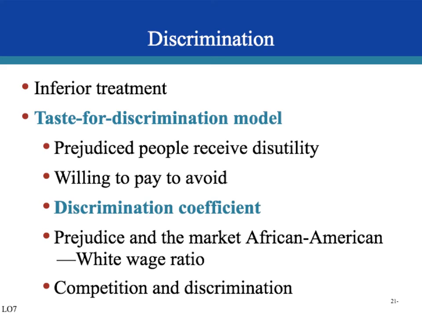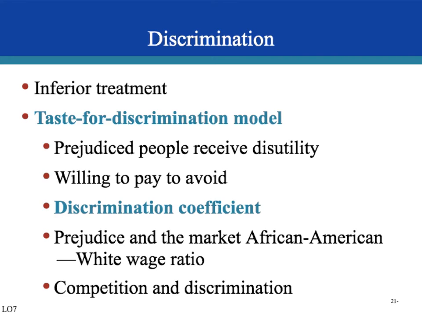The taste for discrimination model assumes that people who have prejudices receive disutility when they interact with the person that they have a prejudice against. And so they are willing to pay in order to avoid interactions with a certain group of people that they are prejudiced against.